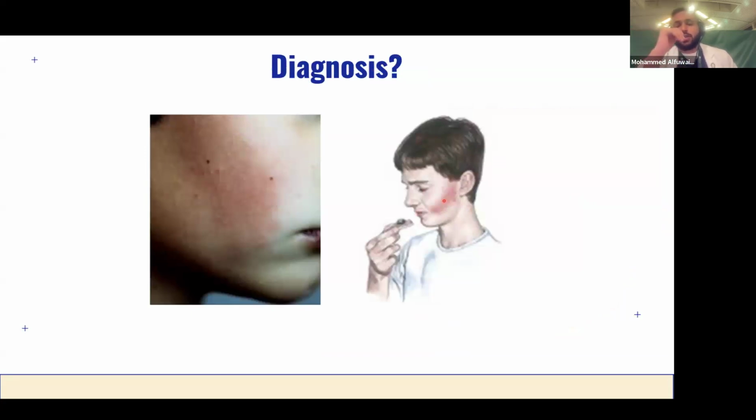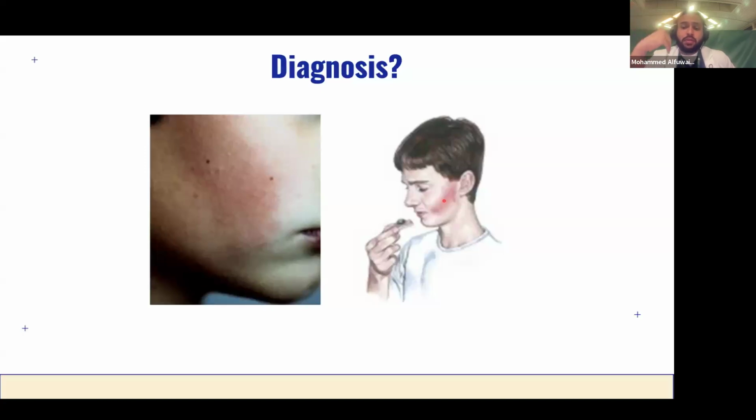Let's just say this patient had a parotid gland surgery. A few months after the surgery, they tell you that every time I eat, I start to sweat in this area of the face and it turns very red. What is this syndrome called? Frey syndrome. Excellent. What is the cause of Frey syndrome?